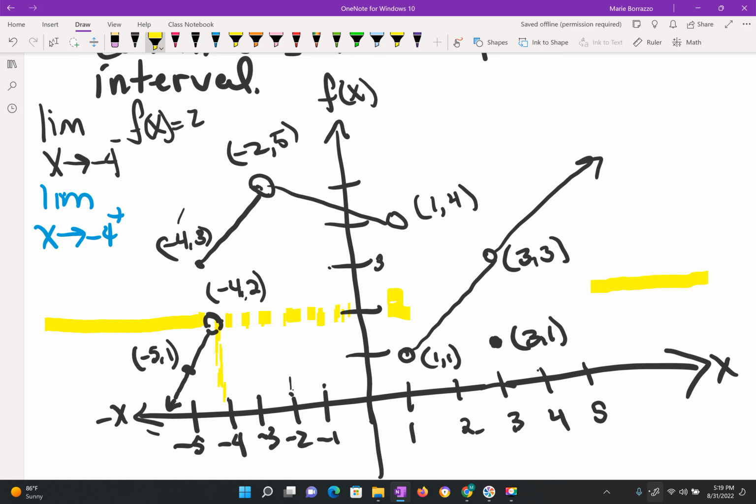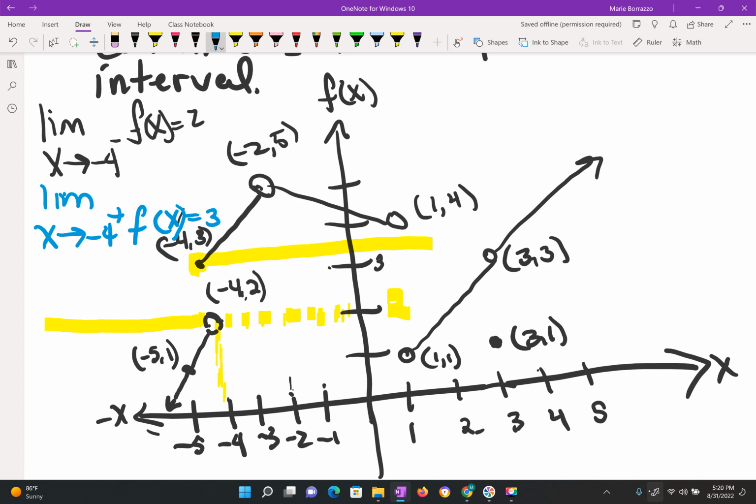I'm trying to reach -4. So if you look at it, I'm here actually, so I'm approaching too far over. I could look at it as just simply coming from the right this way. I'm going to hit the 3 first. So in this case, we'd say f of x is equal to 3 for that one, right? Yes. All right.